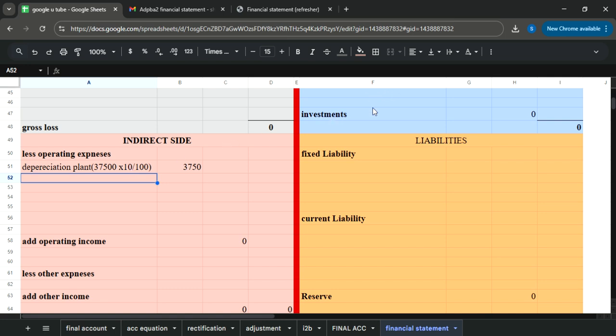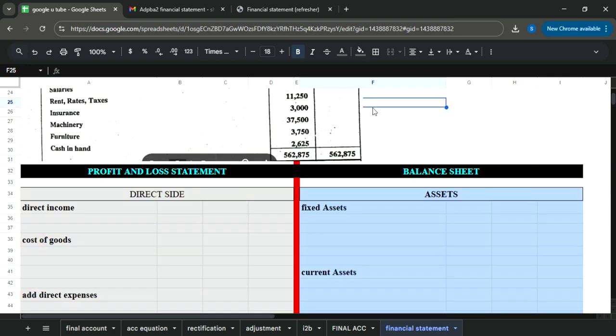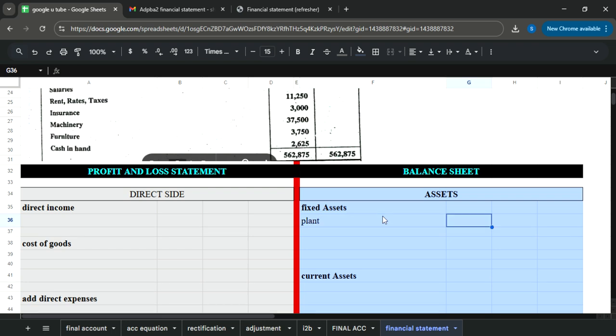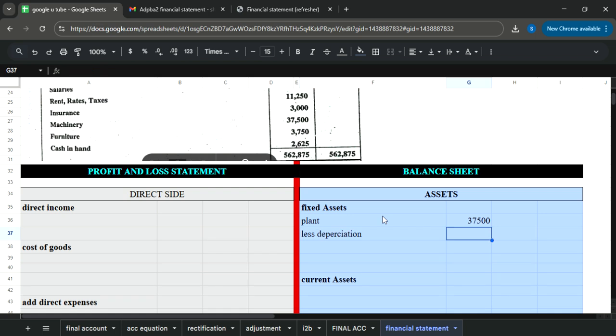Now you will go to the fixed asset side, and here you will write your plant first, the amount of which was 37,500, and then this depreciation would be subtracted. And how much depreciation? 3750.